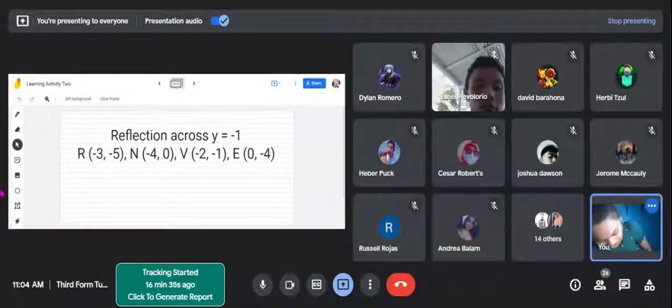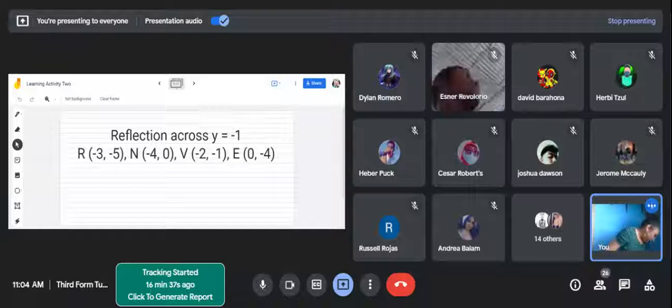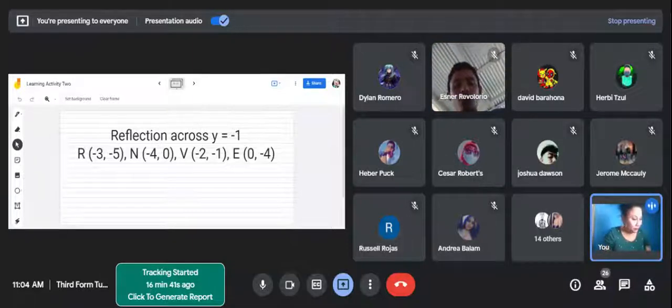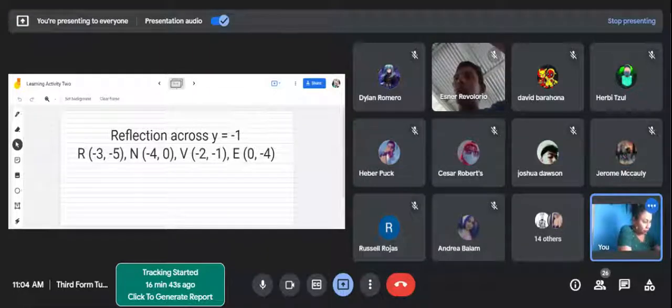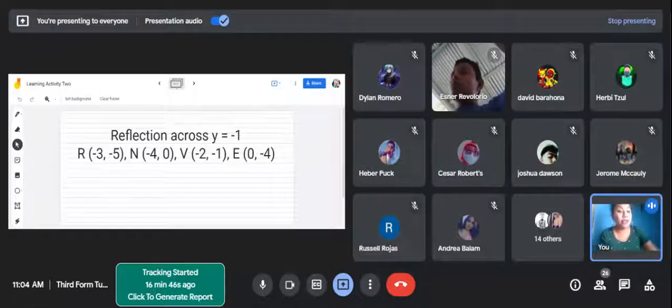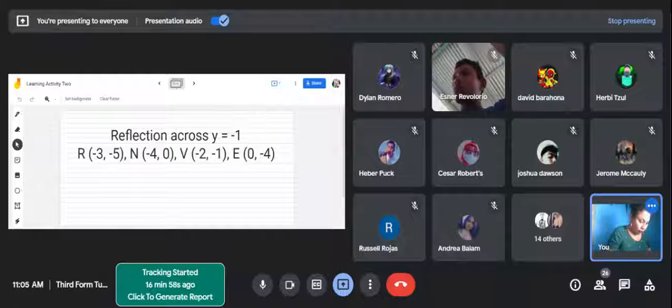Okay, so looking at this one, let me see. I'm going to construct it for you guys. You have the points written down, right? Please write down the points if you don't have them, because I am going to write down the points.